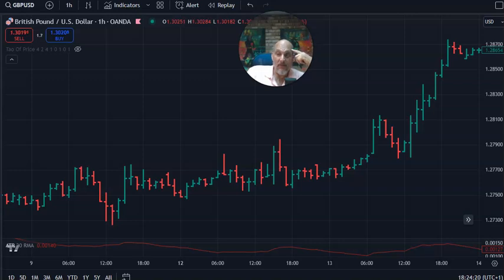And what I did was I basically put a 40% filter on it to say, okay, that is a true key reversal, okay? So I required that the day's range must be 40% greater than the previous day's range.